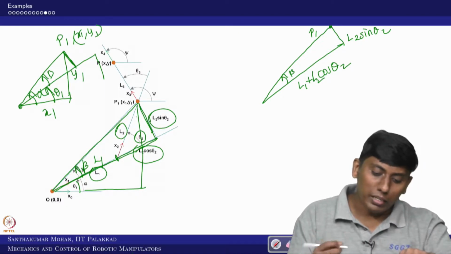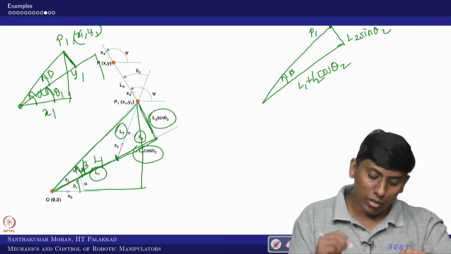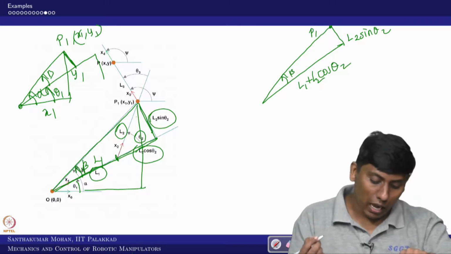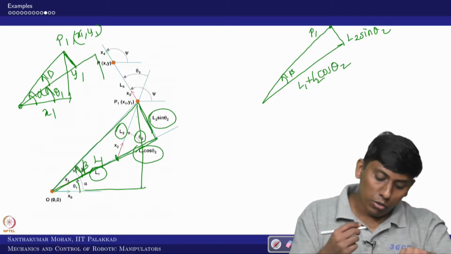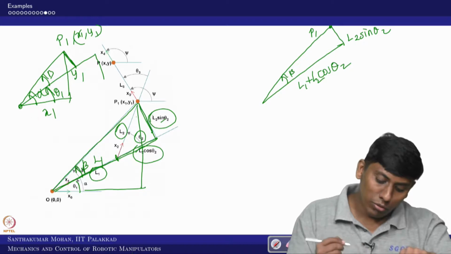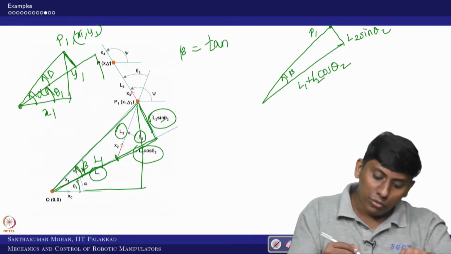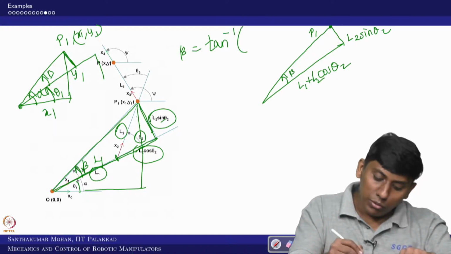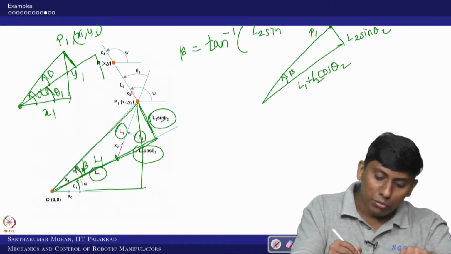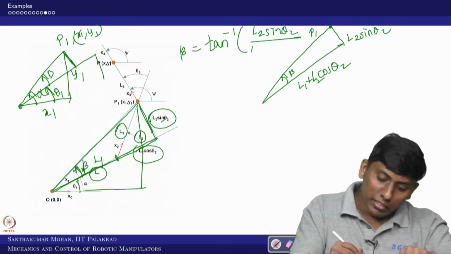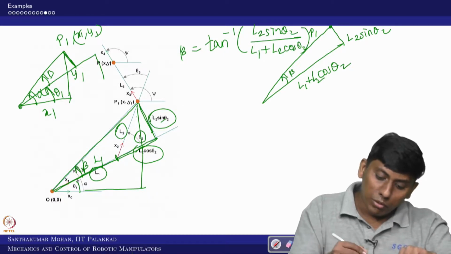For that, we can use the relations which we have. What we can see is that this is all already known. So beta I can find as tan inverse of L2 sin theta 2 divided by L1 plus L2 cos theta 2. What is alpha?